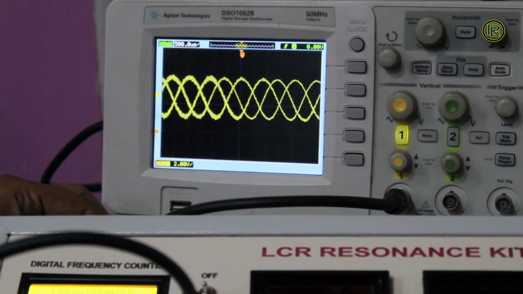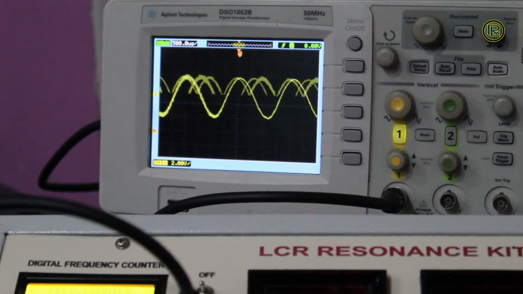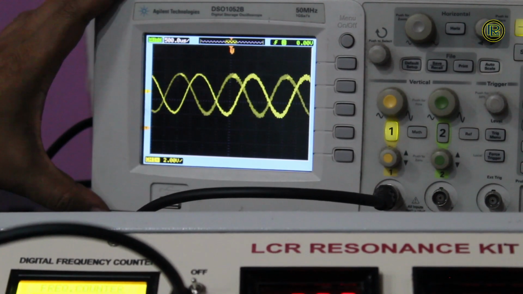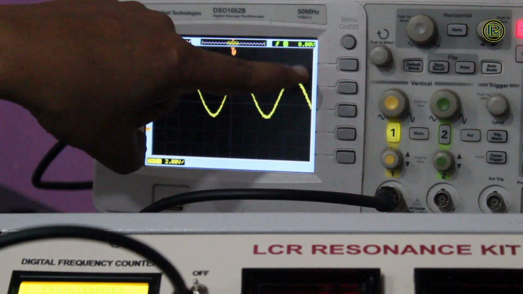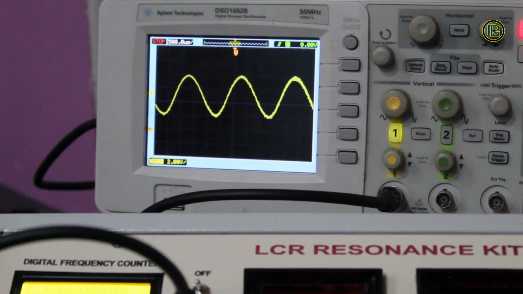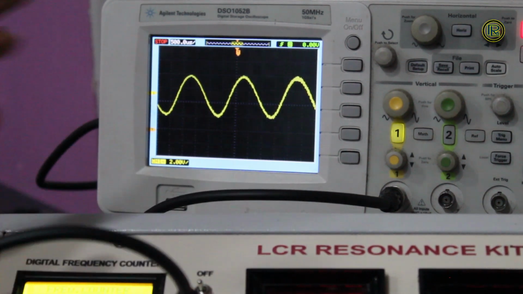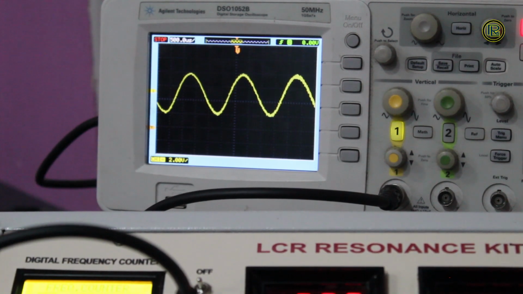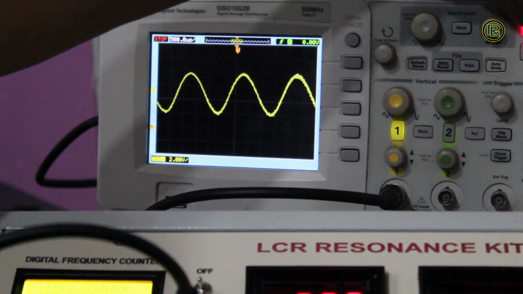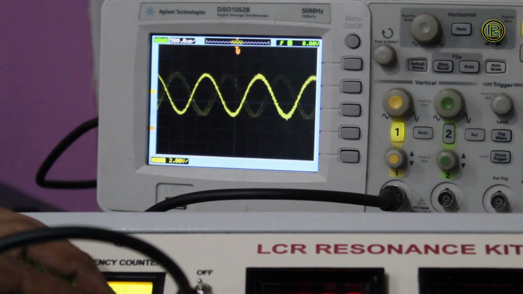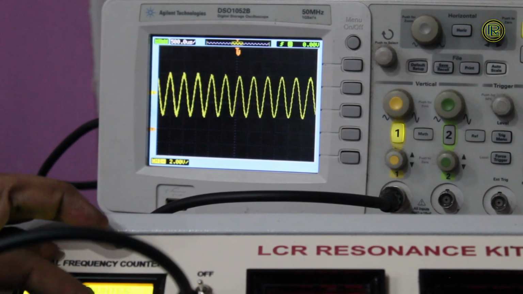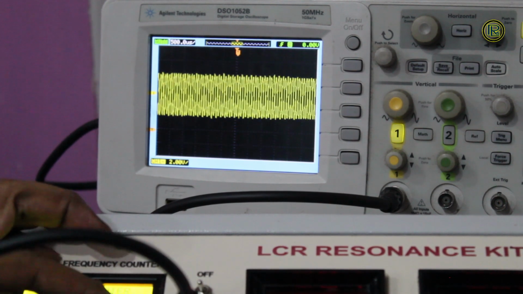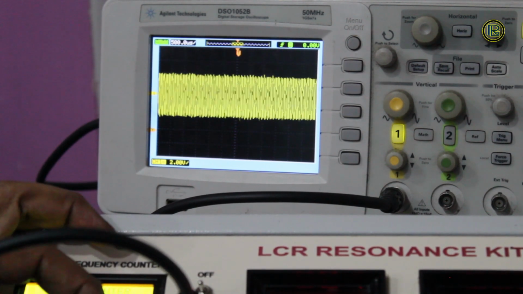Okay, I am showing you the oscillator output in the oscilloscope. So if I stop it, here I am having the oscillator output as a sinusoidal wave. I have given some amplitude to the oscillator, and now if I change the frequency, the amplitude remains the same.